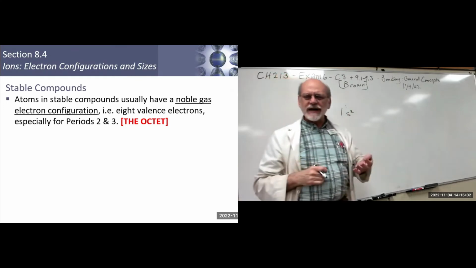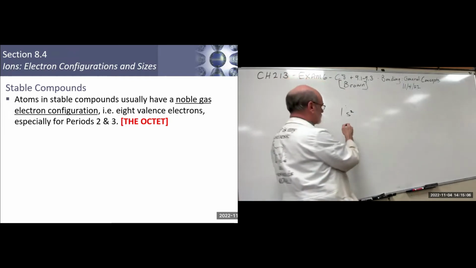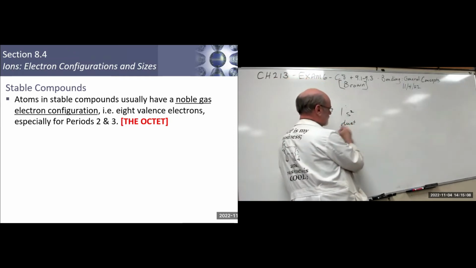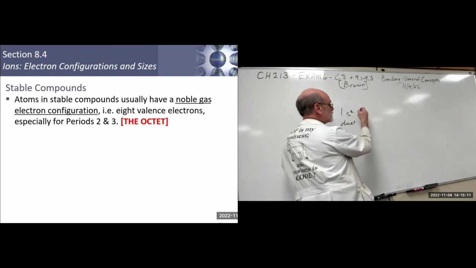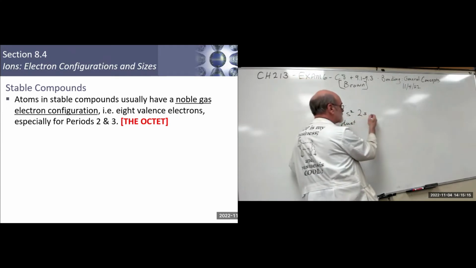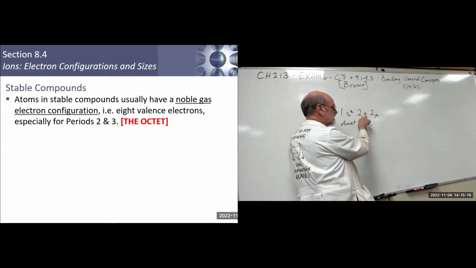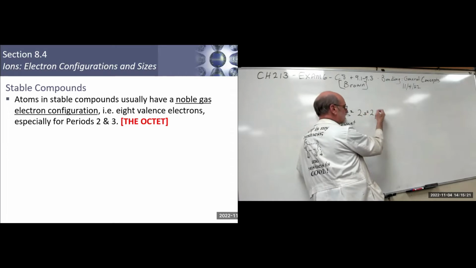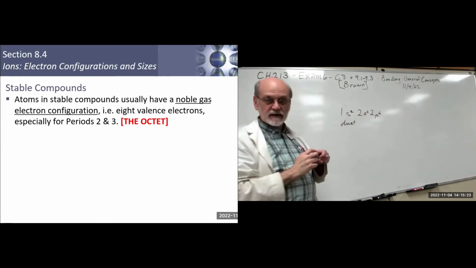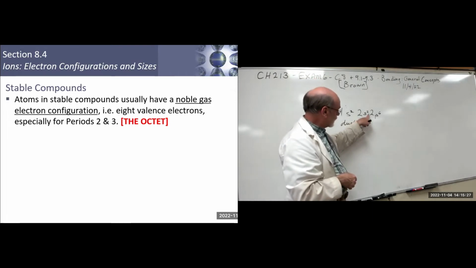So when you talk about hydrogen completing its valence shell, that's a duet. But the octet comes along when you get to principal quantum number 2. Now you have both s's and p's available. And if they're complete, this one has 2 electrons, this one has 6. And that should be neon. Right? There's your octet.